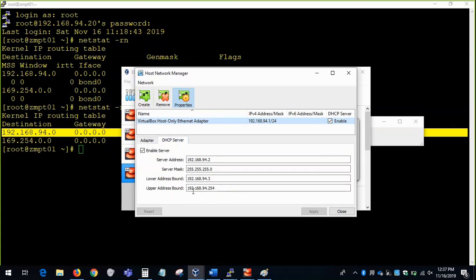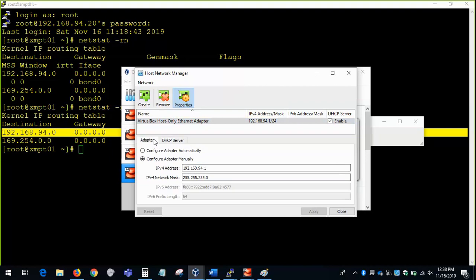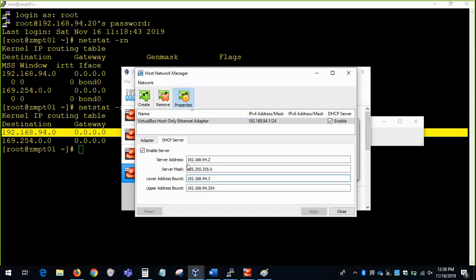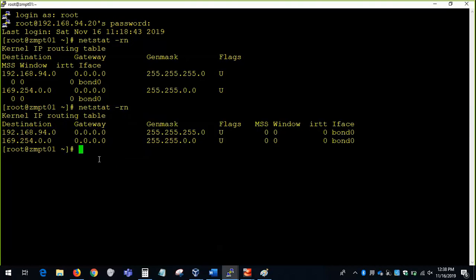Okay, and the IP address default gateway is not shown here, but you could see 192.168 from 2, this is the IP address for itself, the card, and then it's going to give out IP addresses from 3 to 254. You could get 3 up to 254, and the numbers between them. And let's see here. Configure manually, editing adapters. This is a DHCP server issue. So let me run one more command and make sure it's the right thing.